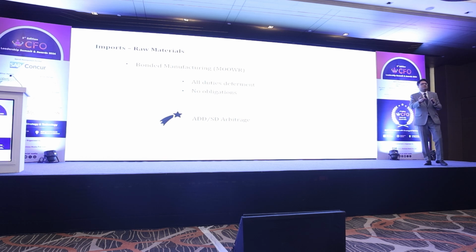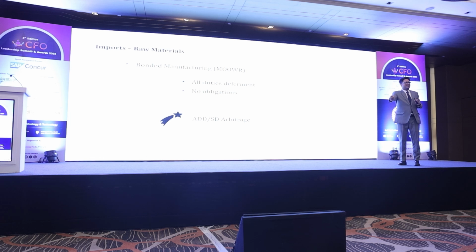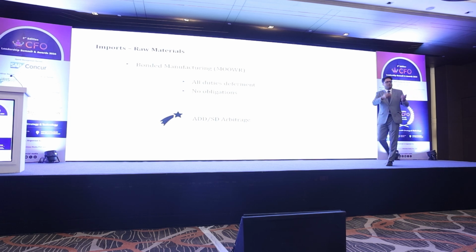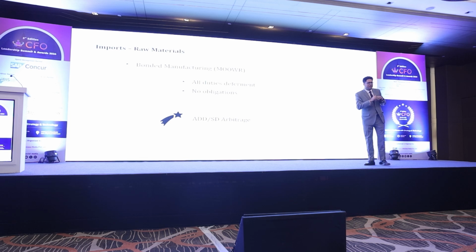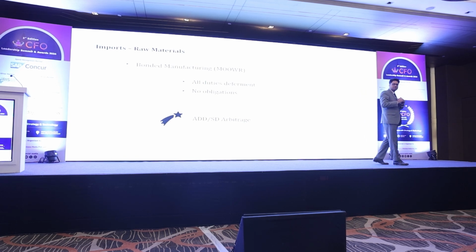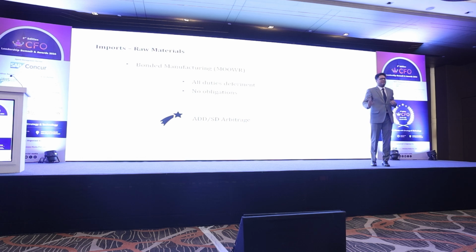When the anti-dumping duty sunset comes, the next day you can clear those goods. So at first you are importing those goods without paying any duty in your bonded warehouse. After the sunset clause comes, the next day you clear it. So this is an arbitrage with the bonded scheme, and this is a very important arbitrage.